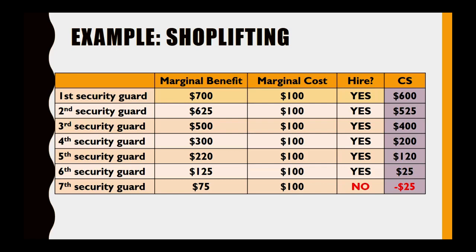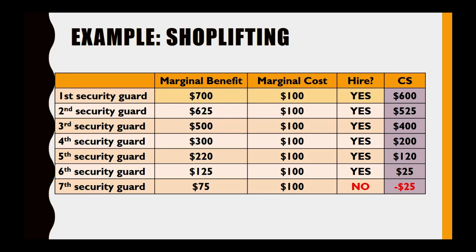So let's think about this for a second. Something that is rational has what kind of consumer surplus? Positive, or it could have zero, right? Everyone remember that? If marginal benefit equals marginal cost, it's rational. So if consumer surplus is zero, is that rational?